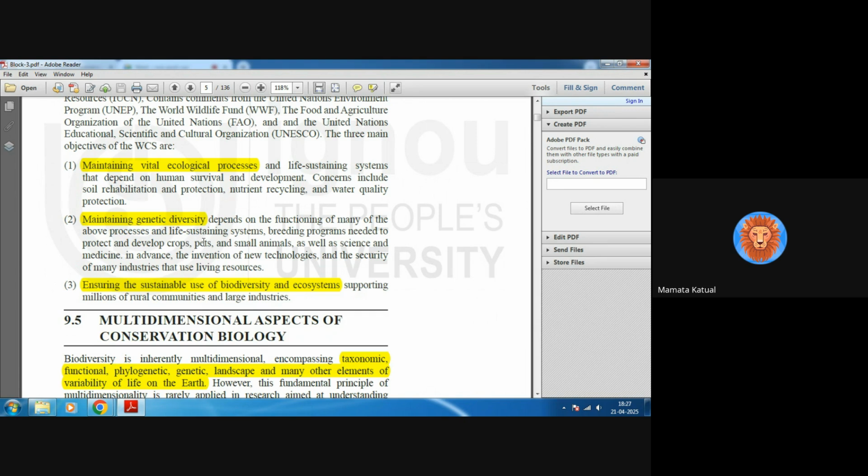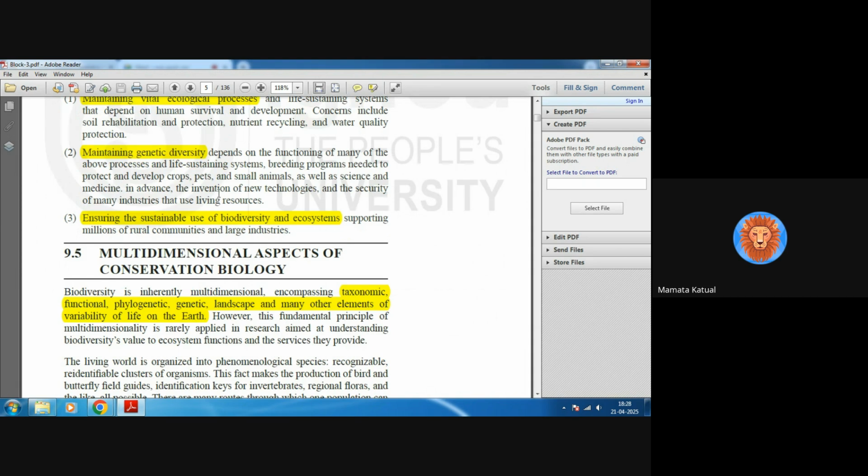So one of the objectives is how to maintain the genetic diversity of plants, animals, and every living organism, like the crops which we cultivate, and which is useful for science and medicine and technology.